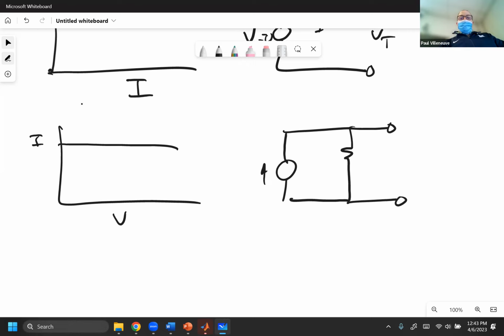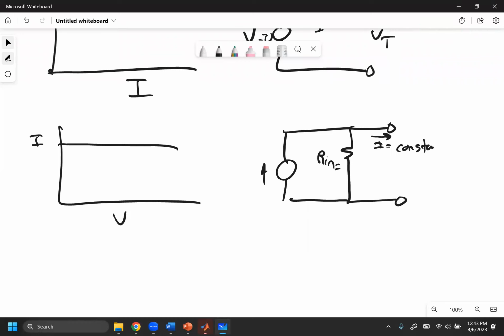So to do this, what does Rn need to be equal to for it to be ideal? Infinite. Regardless of the voltage that is applied across it, the current here should always be equal to I. This is constant. It'd be infinite.